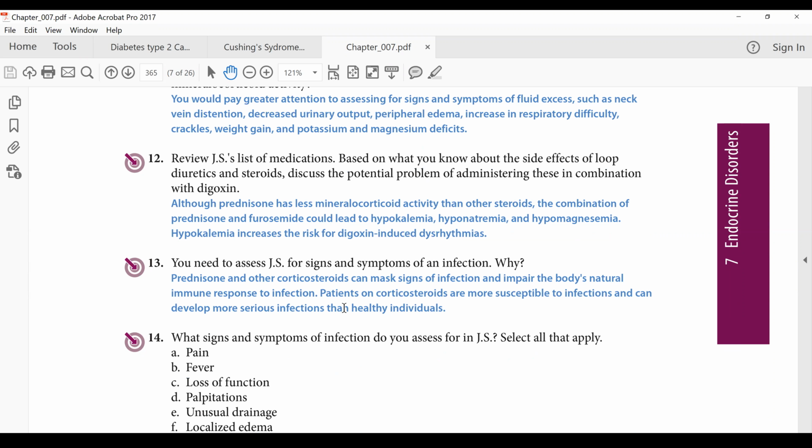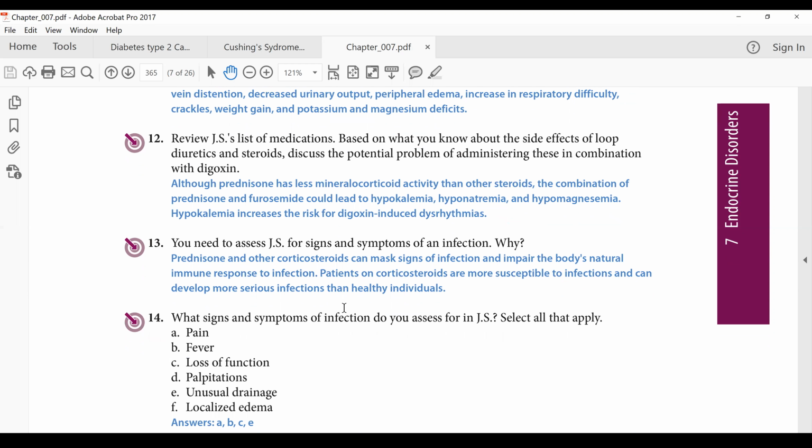So A, B, D, and F. A, B, C, and E. We got E. Yep, A, B, C, and E.